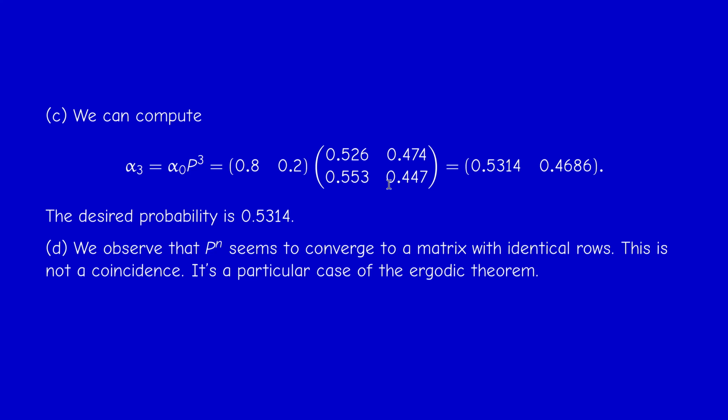And this is an important observation because it's not a coincidence. It's a particular case of an important theorem that you shall learn. It's called the Ergodic Theorem. It's about the convergence of the matrix P to the n. The matrix P to the n is not always convergent, but in some cases it is convergent, and the limit matrix has identical rows.